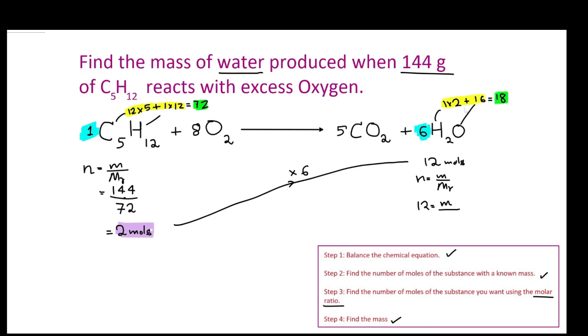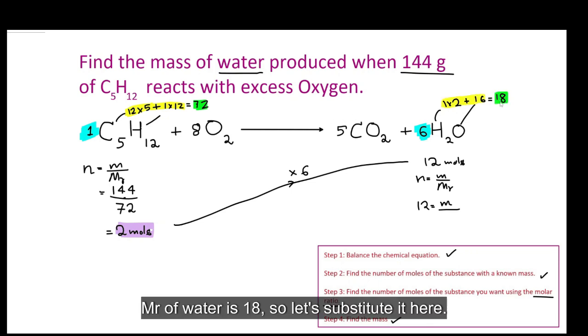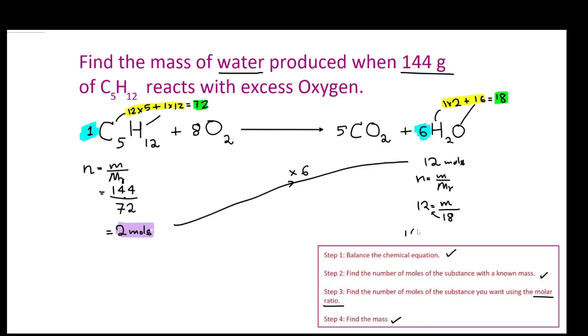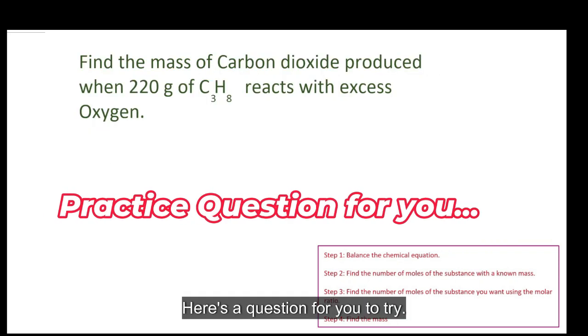So we know Mr of water is 18, so let's substitute it here. Finding the mass of water is very easy. All I need to do is multiply 12 by 18, and that gives you the mass of water produced in this reaction. So the answer here is 216 grams.